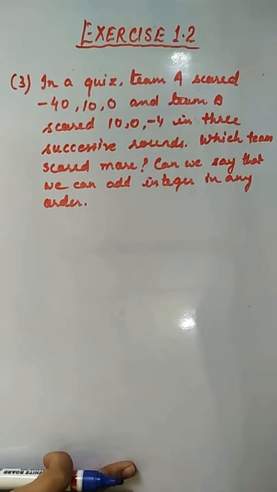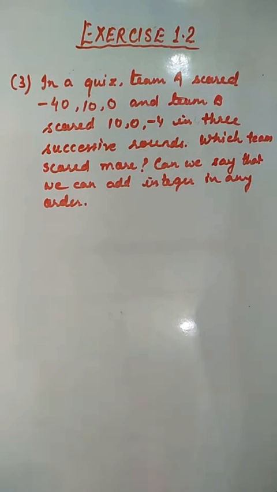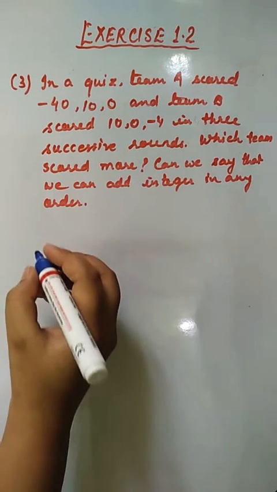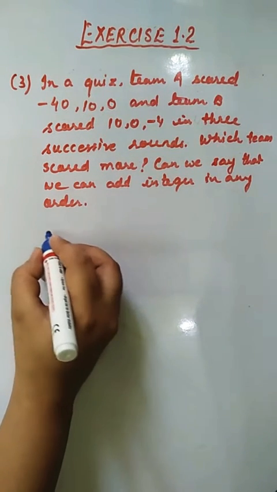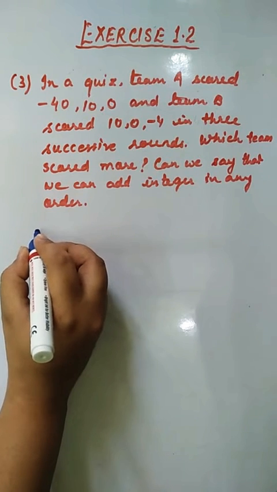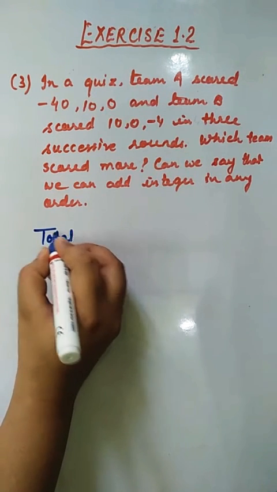As you have seen in your school also, we conduct quizzes, a maths quiz, a GK quiz. So 3 rounds were there and team A's score is given and team B's score is given. Which team scored more? Can we say that we can add integers in any order? So first of all you write team A's total score.